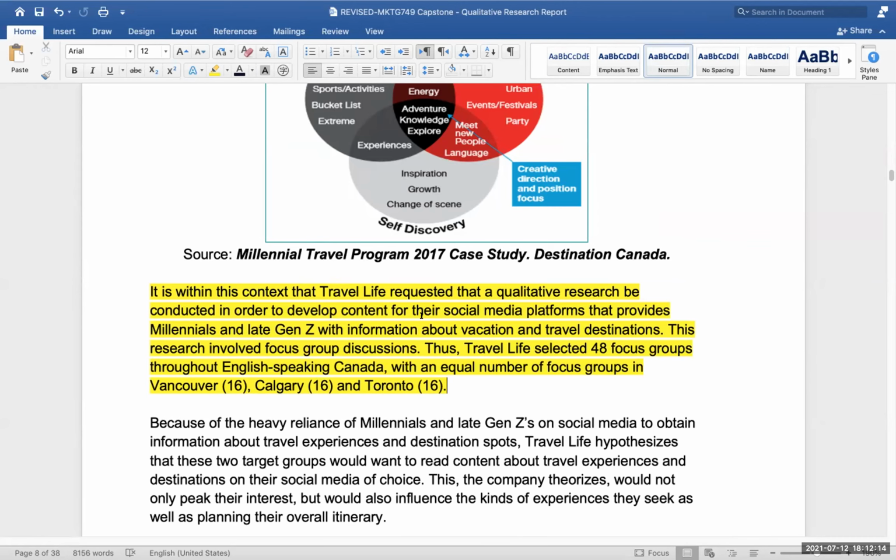And so remember now what we're trying to determine, in order to develop content for their social media platform. In other words, we want to determine if the content that the millennials and late Gen Z see on social media will affect where they go for vacation or where they travel to. Do we understand that?